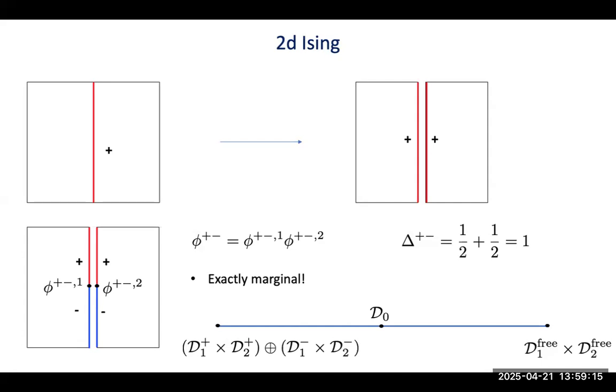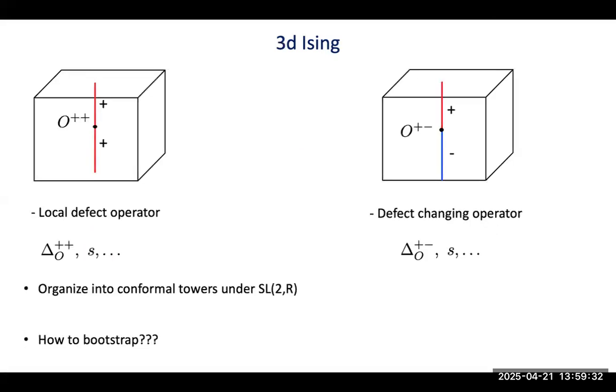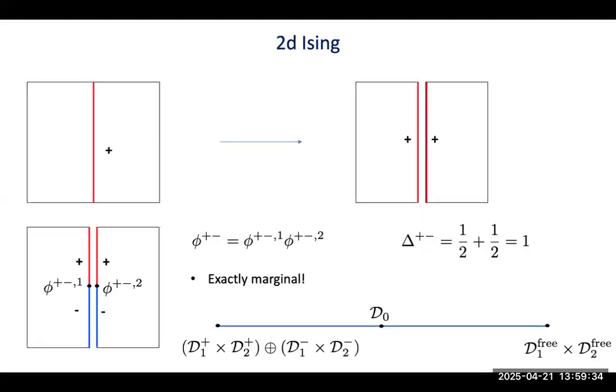So in 2D, you only get long range order along this line defect only at the very end of this defect conformal manifold. Anywhere else on the conformal manifold, you have correlation functions along the defect that fall off in a power law manner. But it's always factorized, yeah?